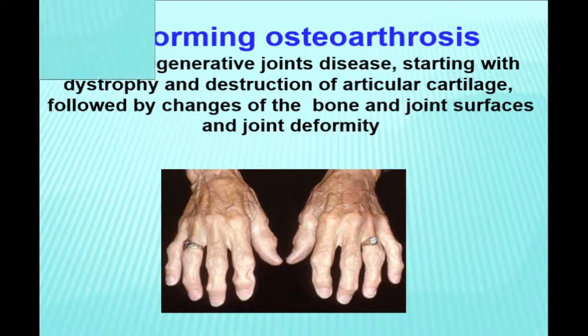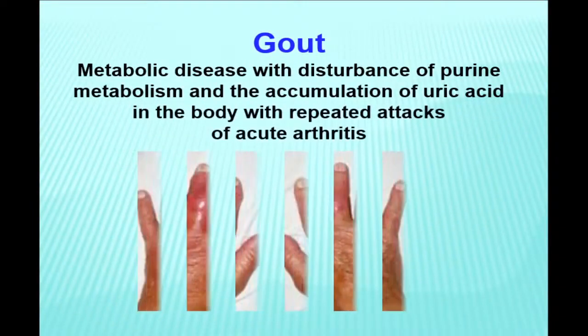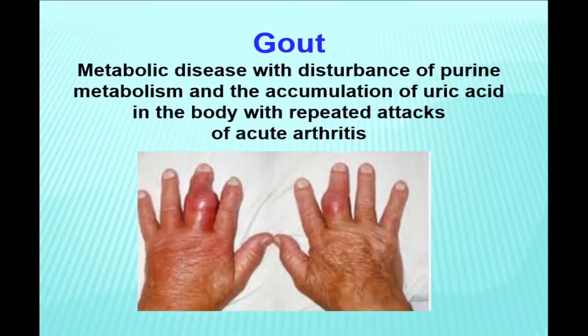And last pathology on which we'll stop today, gout. It's metabolic disease which disturbs purine metabolism and pathological accumulation of uric acid in the body with repeated attacks of acute arthritis.